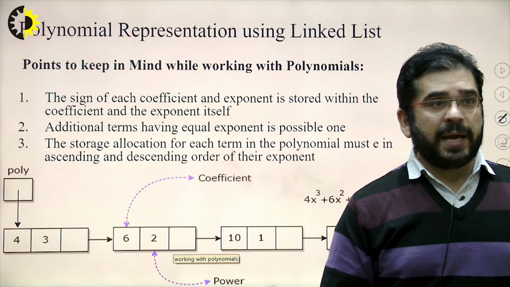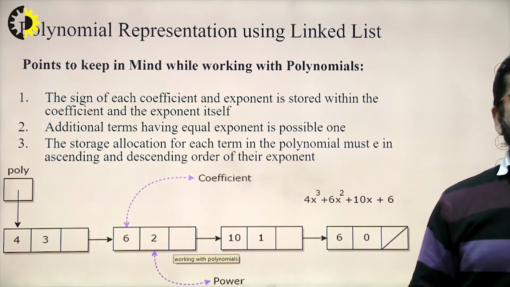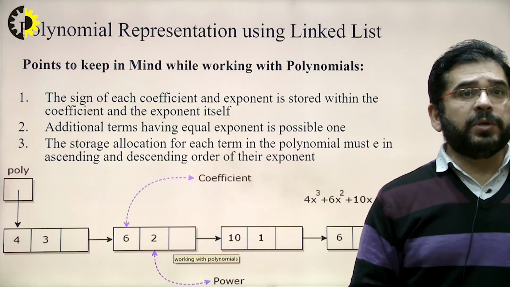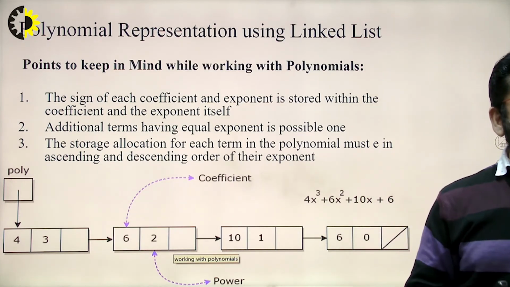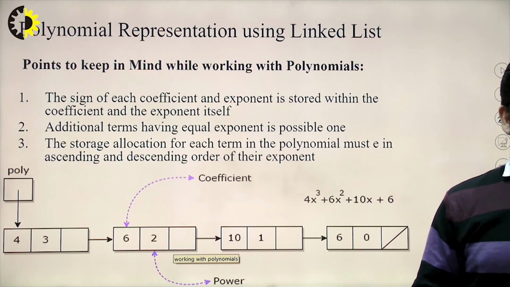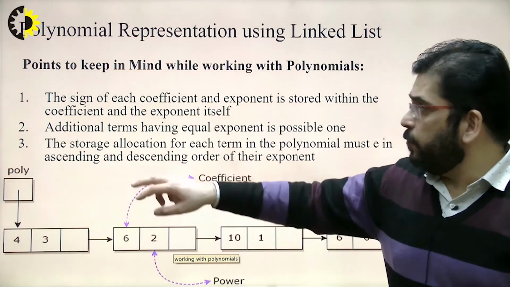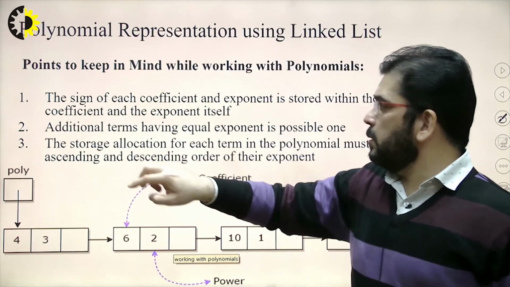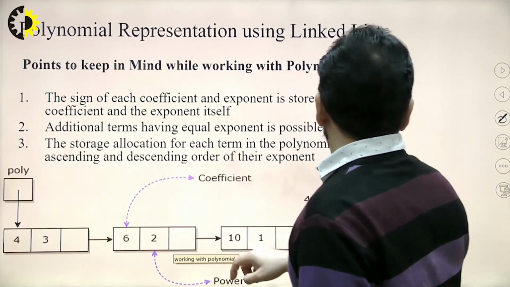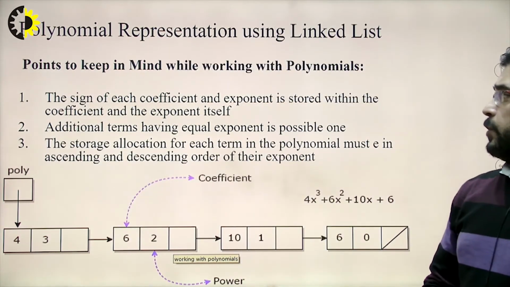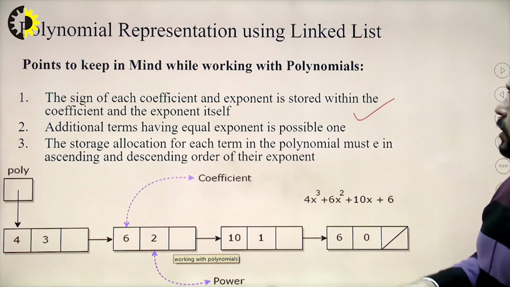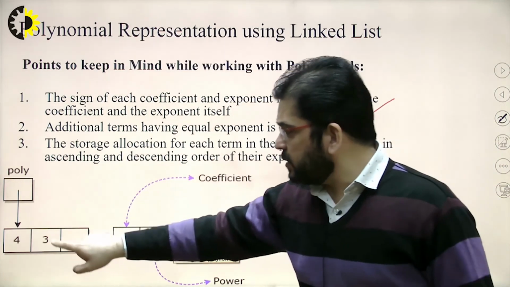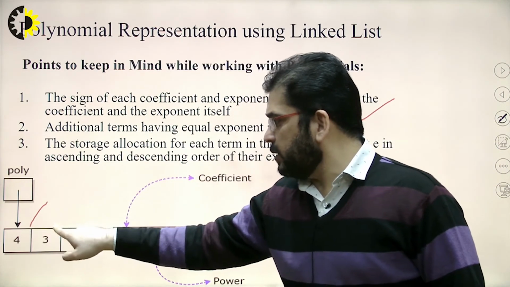Now see this diagram, how polynomials are represented using a linked list. To represent polynomials using a linked list, we need to keep in mind some points related to the working of polynomials. The first point is that the sign of each coefficient and exponent is stored within the coefficient and the exponent itself. As you can see here, there is a linked list. There are three parts in this linked list.